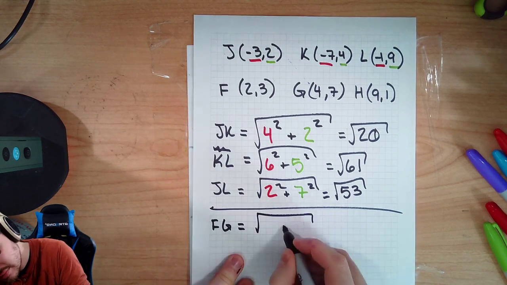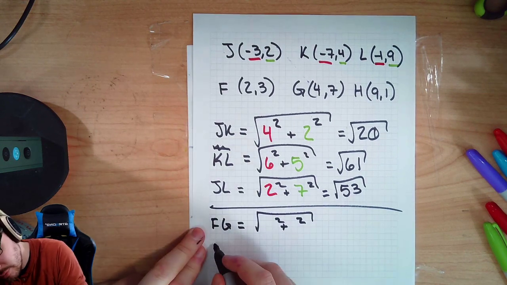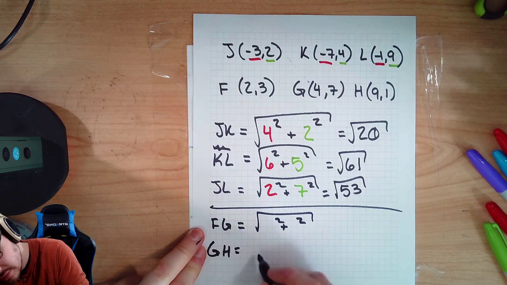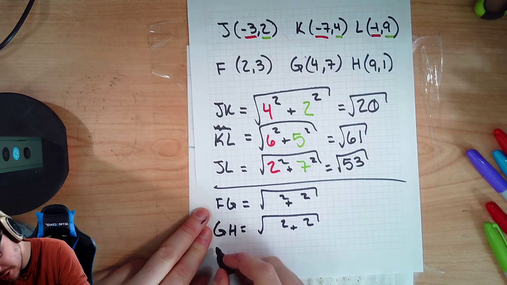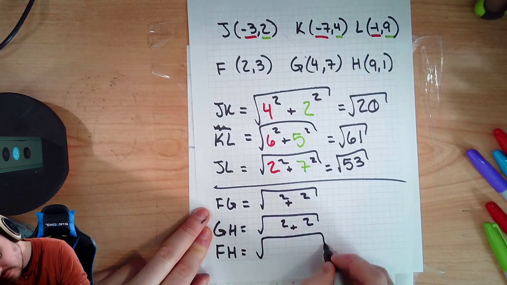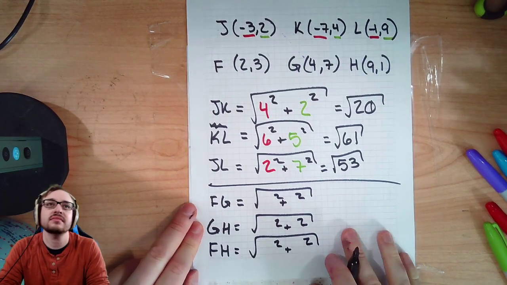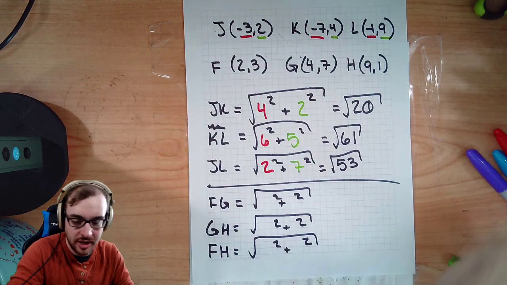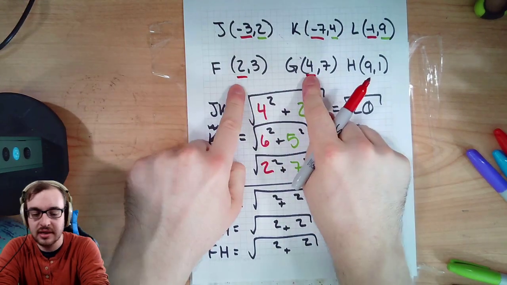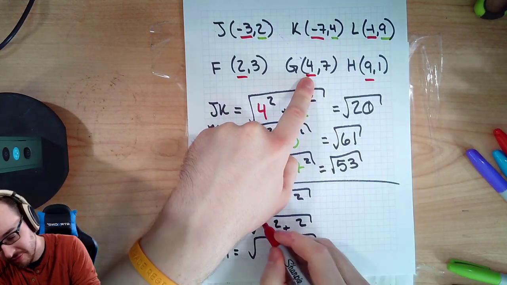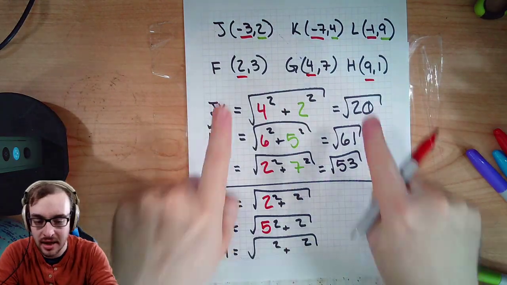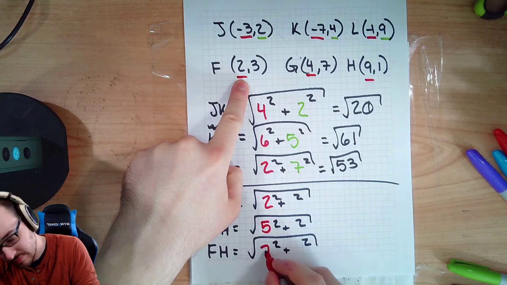FG. We want to do GH. And we want to do FH. Okay. So again, just to color coordinate, separated by 2, separated by 5, and then separated by 7.